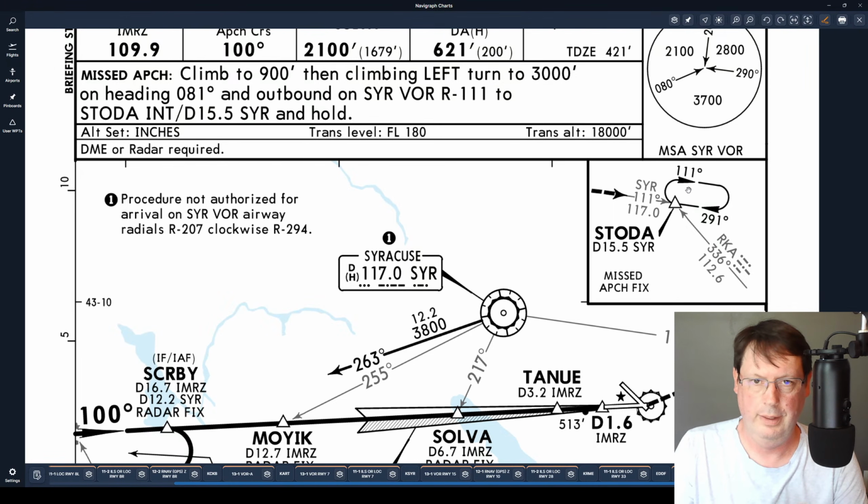And I didn't say it because there's traffic, and I'm not established in the hold. I'm not established in the hold until I'm around and inbound on the 291 degree inbound heading to Stoda.